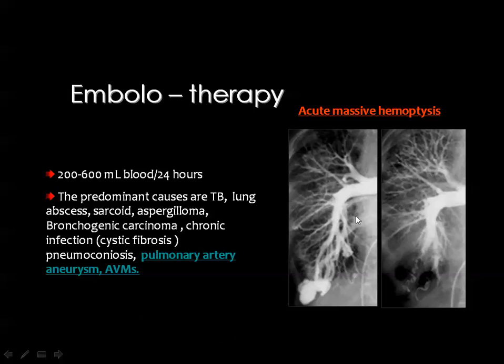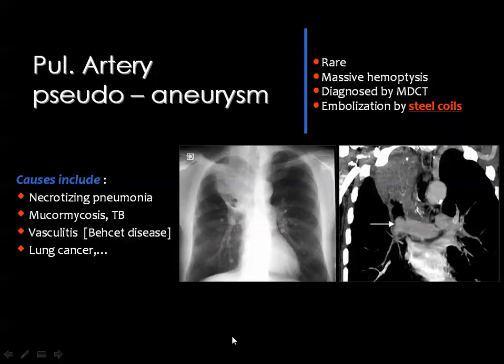This is an example of two arteriovenous malformations. One is large and a smaller one, and maybe a third one here. You may use steel coils for the occlusion of these pulmonary vascular malformations, as you can see here.